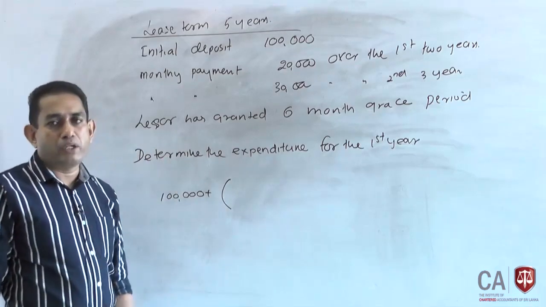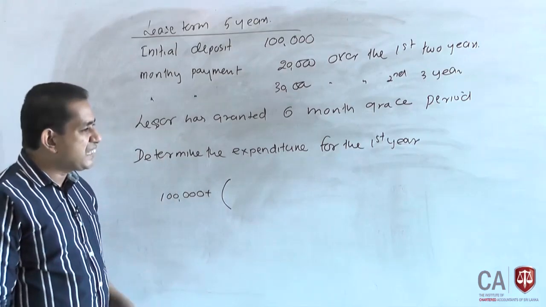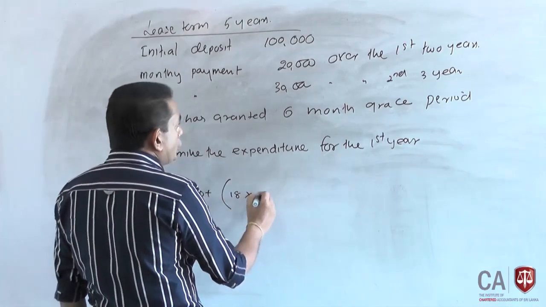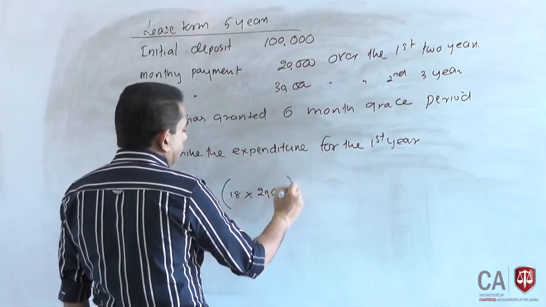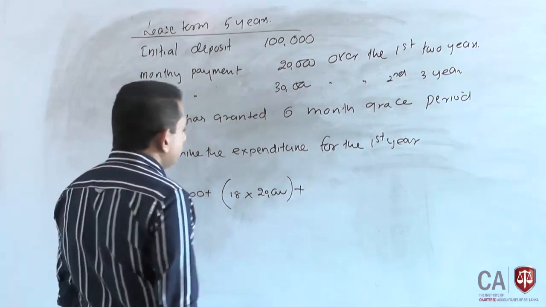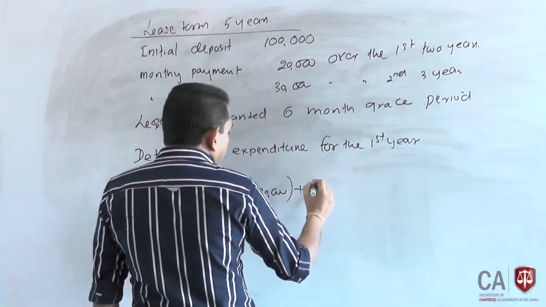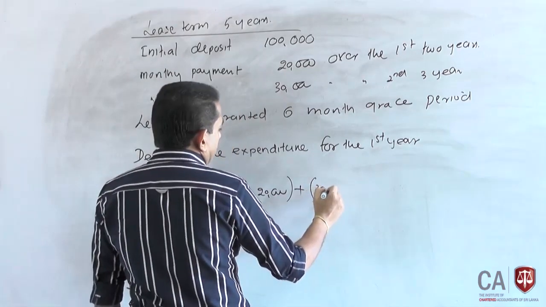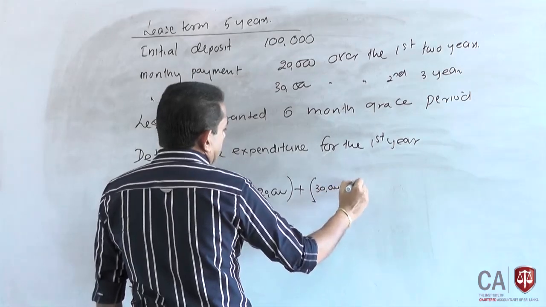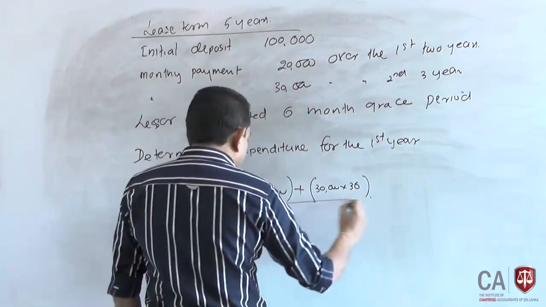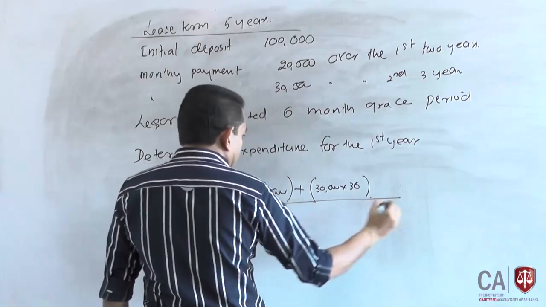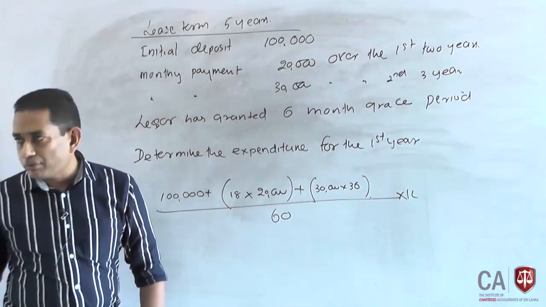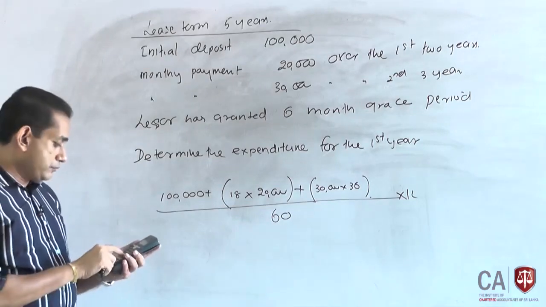So, you need not pay 24 months. 24 minus 6 will be how many payments? 18 payments into 20,000 plus the payments for the second 3 years time is 30,000, and how many payments are there? 36 payments, and then divided by 60 months and multiplied by 12, and then you can calculate the amount of rentals to be expensed in the first year.